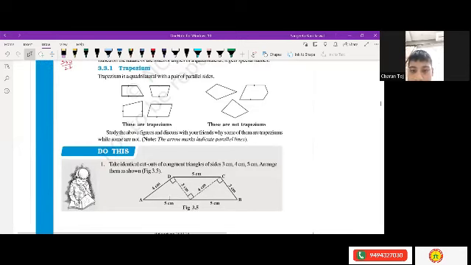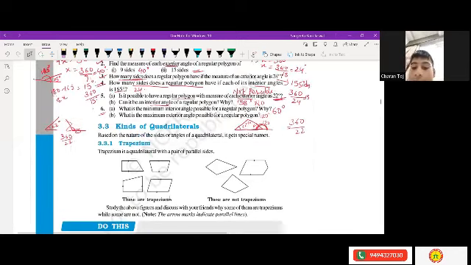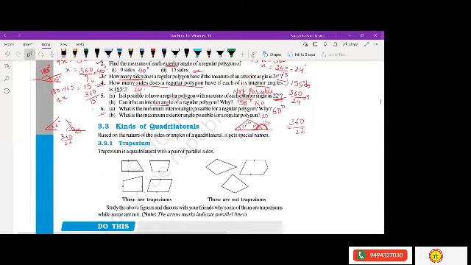Ma'am, in the sixth one, part B1, why did we take 120 degrees as the maximum exterior angle? The minimum interior angle in the smallest polygon is 60 degrees, the equilateral triangle. So its exterior angle is 120 degrees.